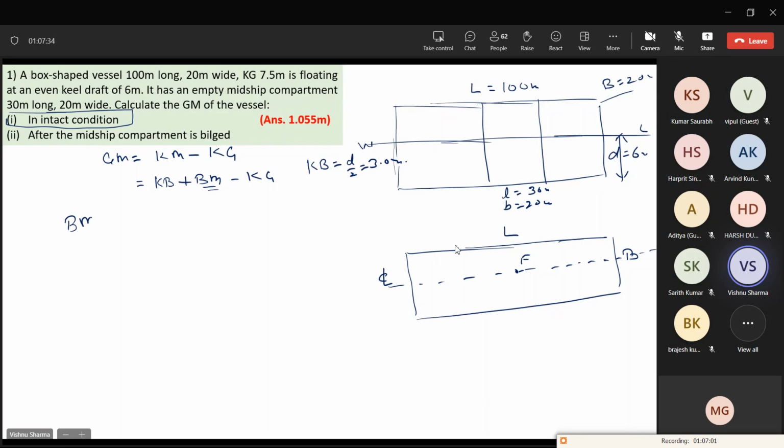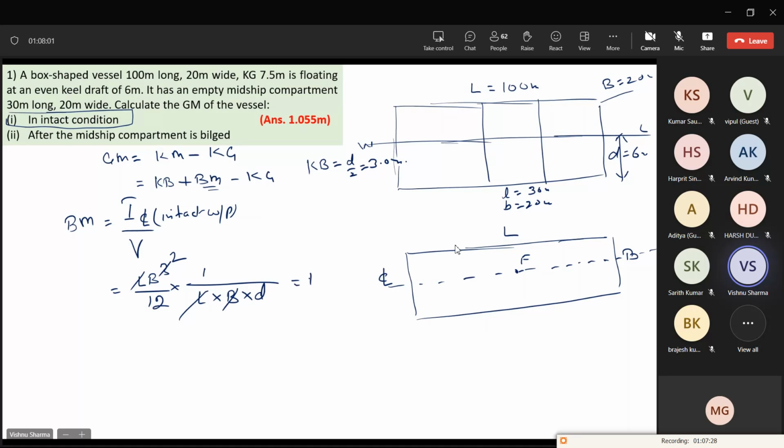Now BM will be equal to I_CL of intact water plane upon V. The whole water plane is intact and it's a standard axis, so LB cubed by 12. Volume of buoyancy comes from the upper diagram. It will be LBD. L cancels L, so it is B squared by 12D.